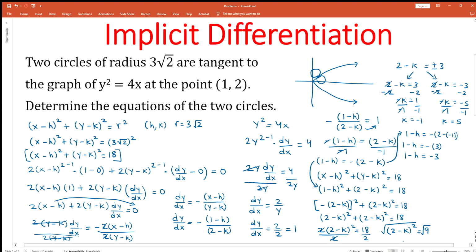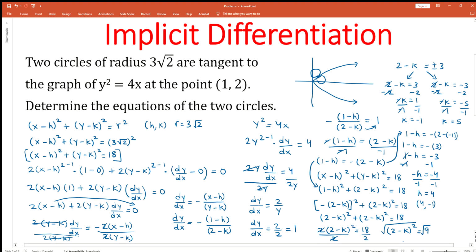Next, we can subtract 1 from both sides. Next, we can divide both sides by negative 1. I get h equals 4. So the center of one circle is 4, negative 1.